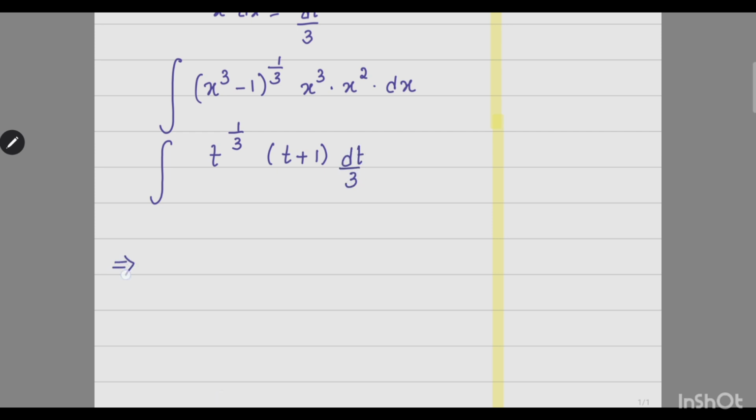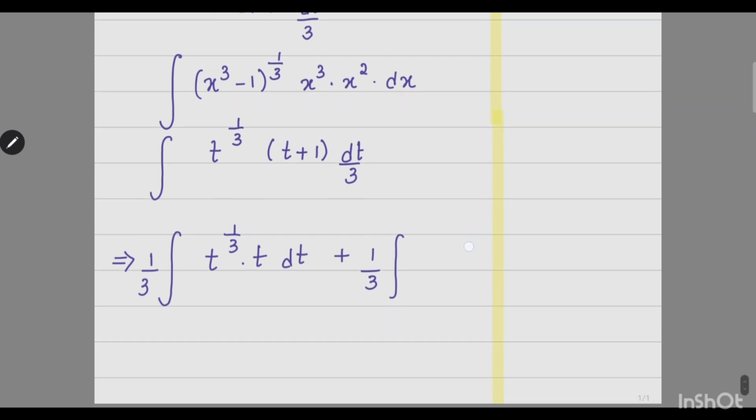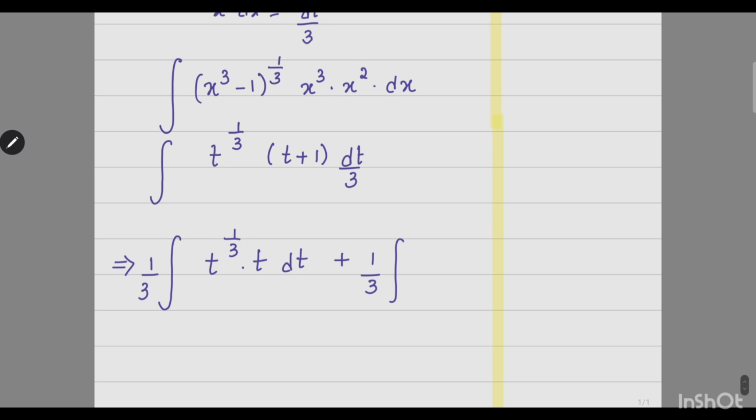So now this implies integral of, 1 by 3 we can take outside, and we can multiply t to the power 1 by 3 into t plus, again we will write 1 by 3 because this 1 by 3 is for the entire term, right? So we need to write for both. So t to the power 1 by 3 into 1 is t to the power 1 by 3 with respect to t.